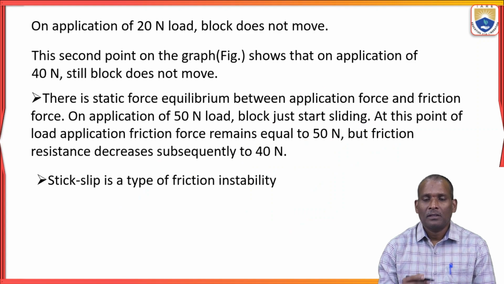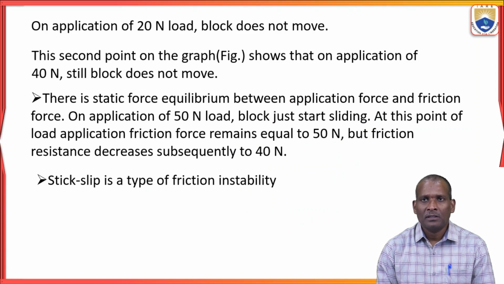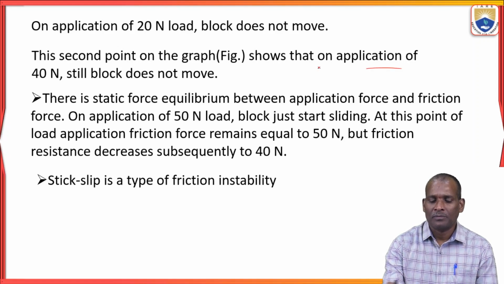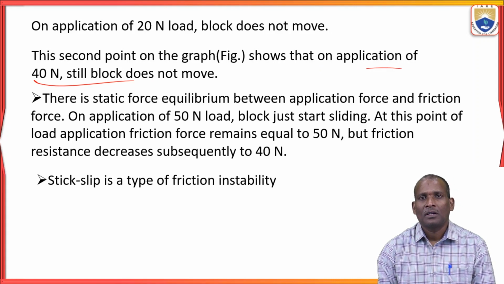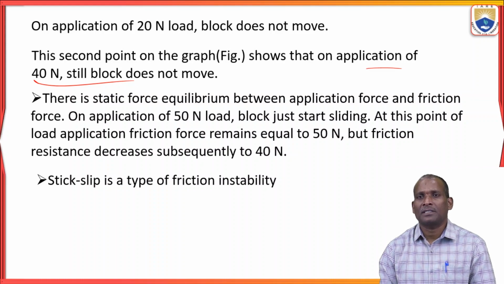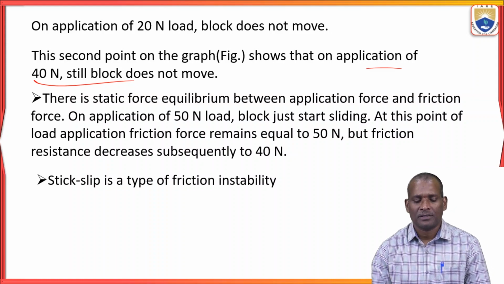So at the first point there is no sliding, the block does not move. At the second point, the application of 40 newtons, the block still does not move. And on application of 50 newtons load, it just starts sliding. So at this point, the frictional force remains equal to 50 newtons, but the friction resistance decreases subsequently to 40 newtons.